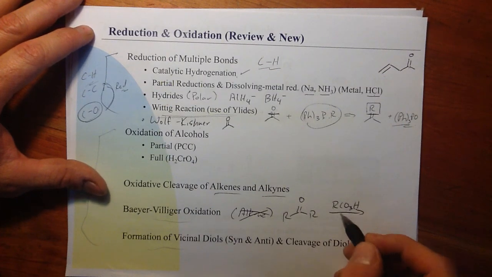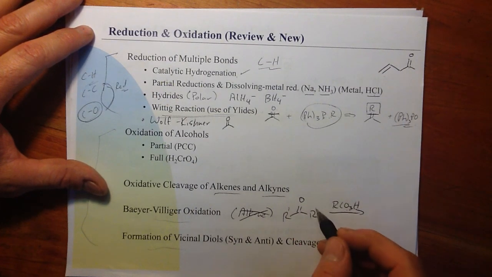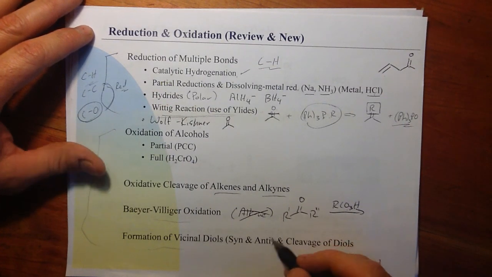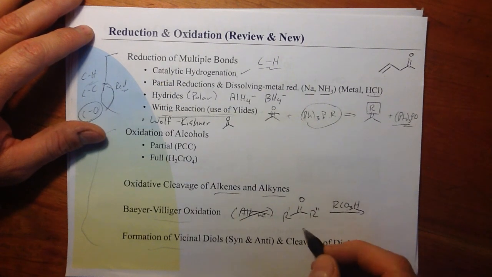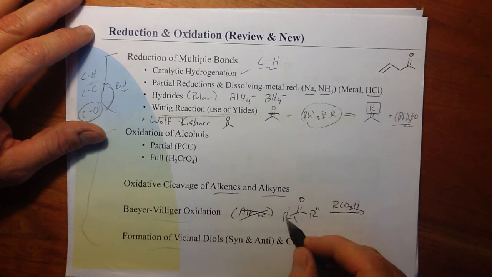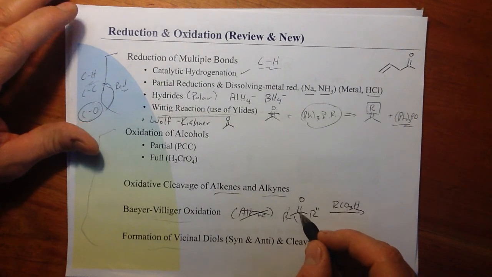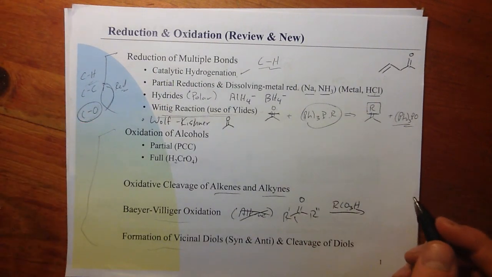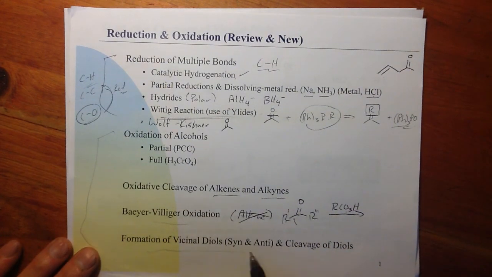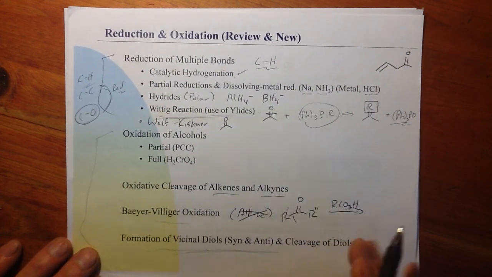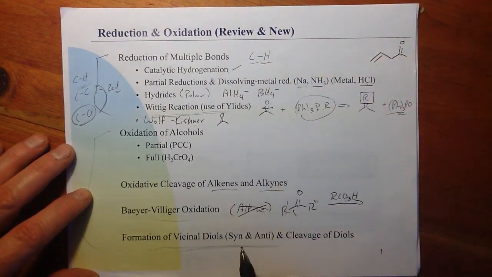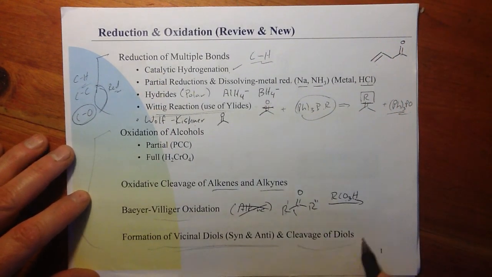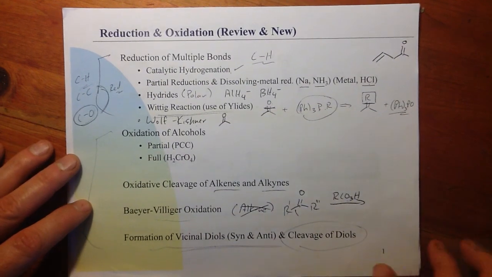We can insert the oxygen between one of these two R groups, depending upon whether it's tertiary, secondary, primary, methyl, or if it's a hydrogen, we would insert that oxygen in between the R group and the carbonyl, the hydrogen and the carbonyl. That's the Baeyer-Villiger oxidation. And then we looked at formation of diols using osmium tetraoxide or peroxy acids with acid-water workup, and then the cleavage of the diol using periodic acid.